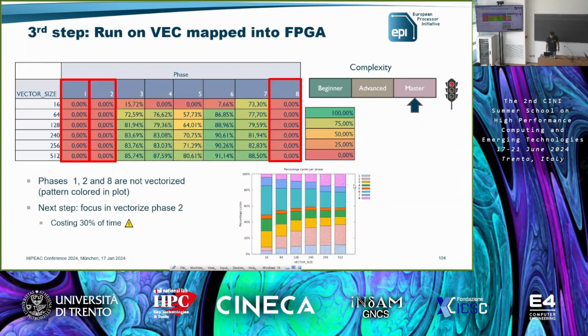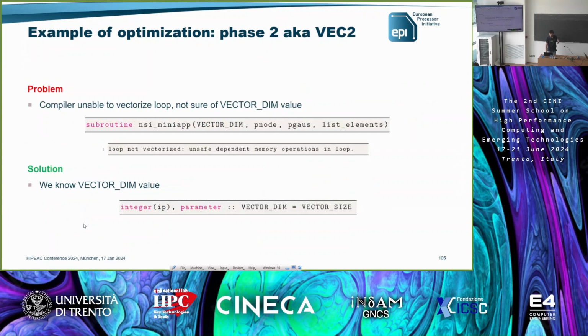Okay? Let's focus on these 3 phases, because these are the 3 problematic phases. Next step, let's focus on phase 2, because it's costing more or less 30% of the time. The problem in this case is one of the safe assumptions that I was mentioning this morning.